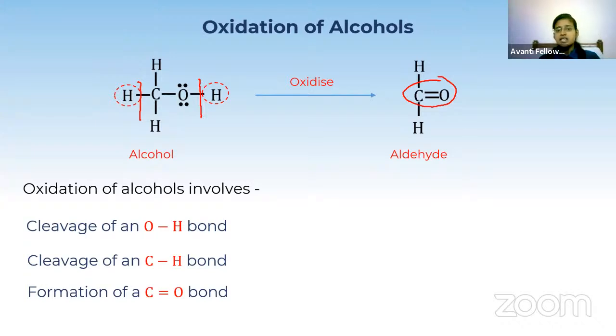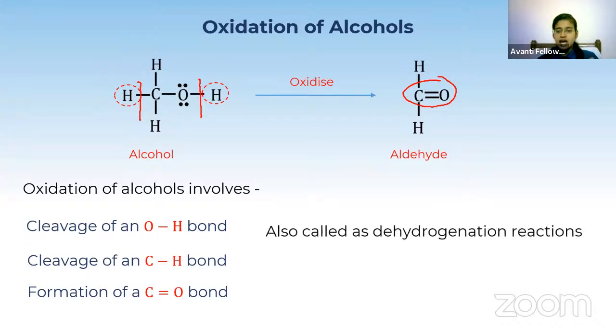So oxidation involves these three changes, and it is also called a dehydrogenation reaction, because we are removing two hydrogens by cleaving the bonds. Removal of hydrogen is called dehydrogenation, so that's why this reaction is called a dehydrogenation reaction.